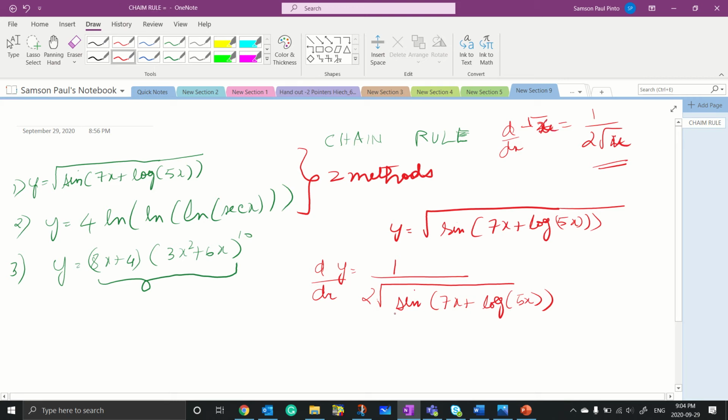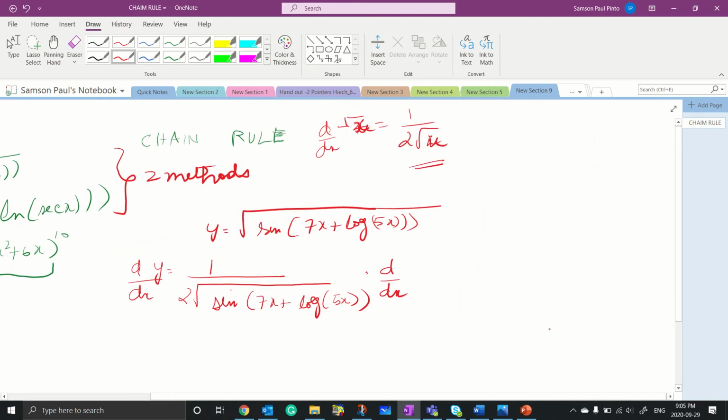Now it is nothing but differentiation of the inside function sine of 7x plus log of 5x.